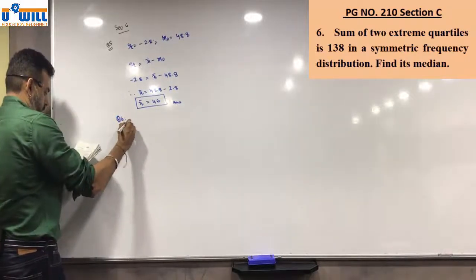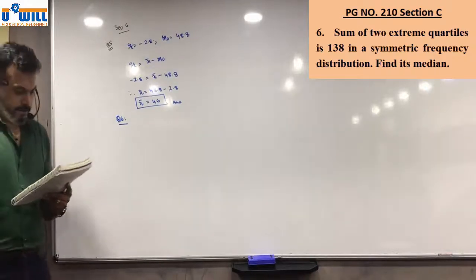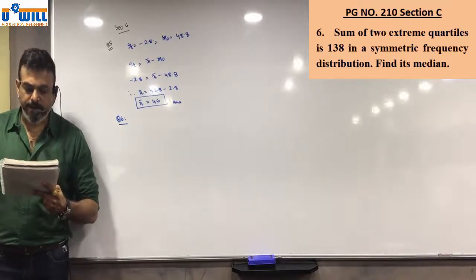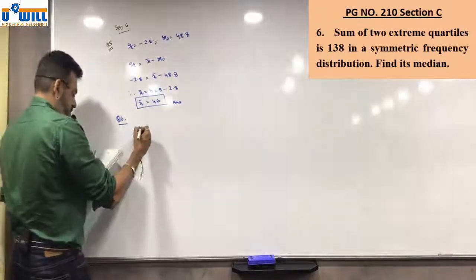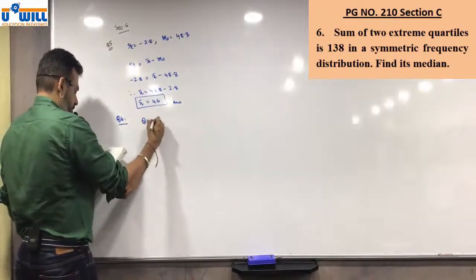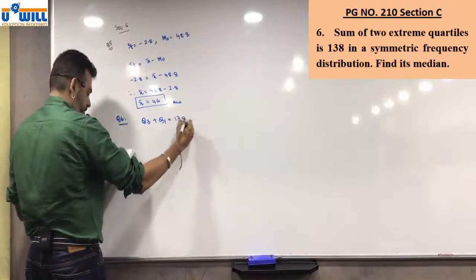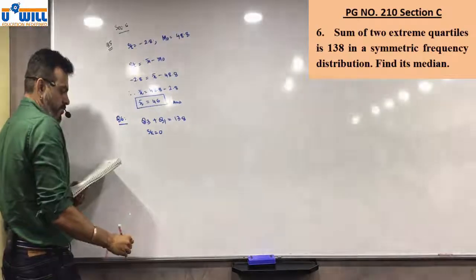Question 6. Sum of two extreme quartiles is 138 in a symmetric frequency distribution. Find its median. So let's find out. Q3 plus Q1 is equal to 138 and symmetric means skewness is equal to 0.